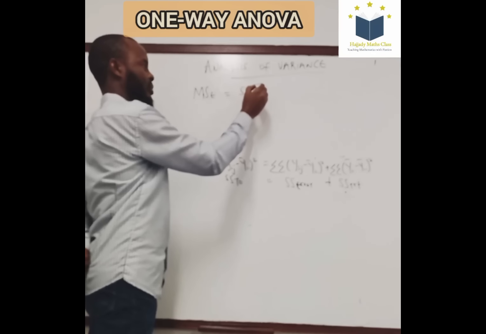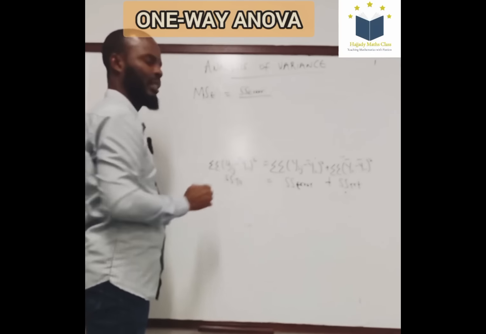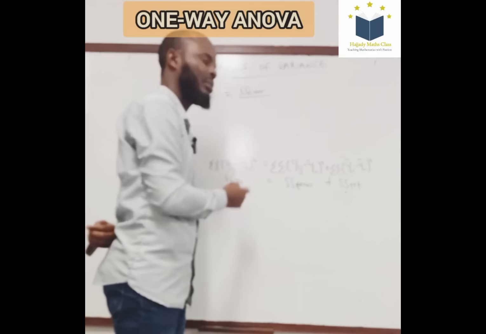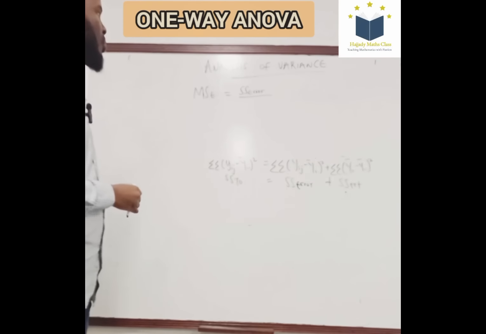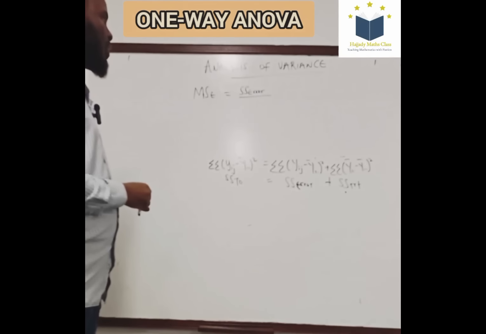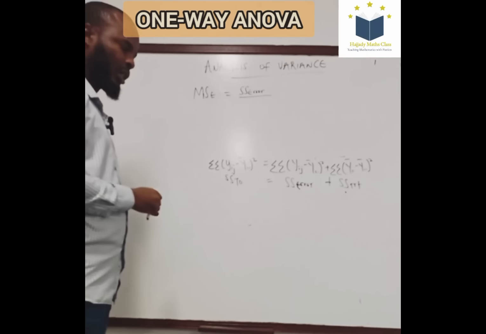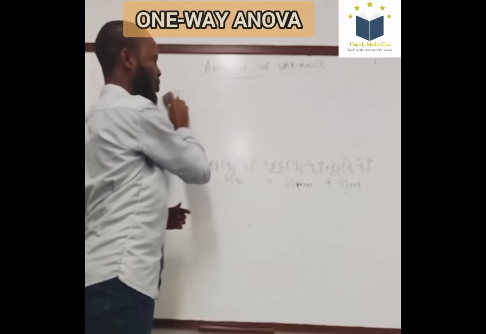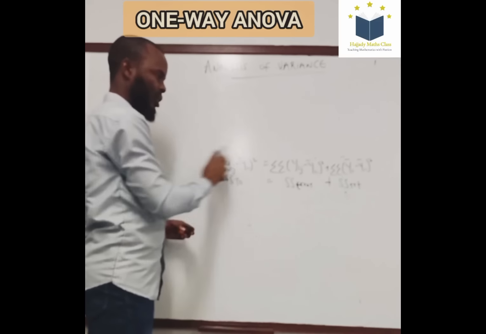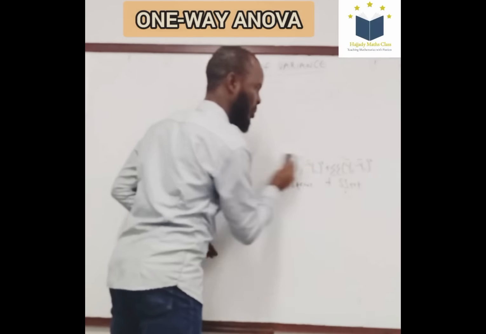SS error over the degree of freedom. How do we determine the degree of freedom? Yeah, before I can proceed with this, I have to give a little analysis regarding degree of freedom. Take for instance, we have an experiment before even moving straight to the mean square error. Take for instance, just take note of this. So we are coming back there.